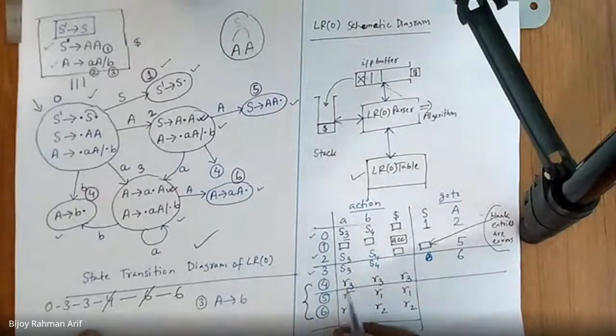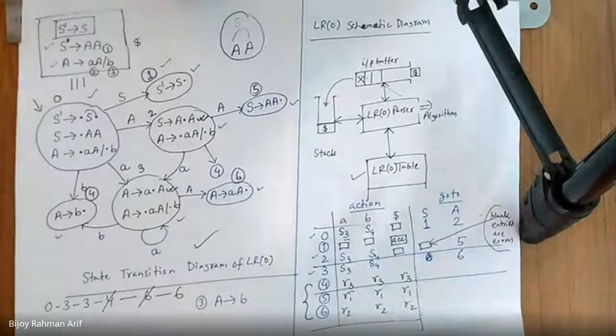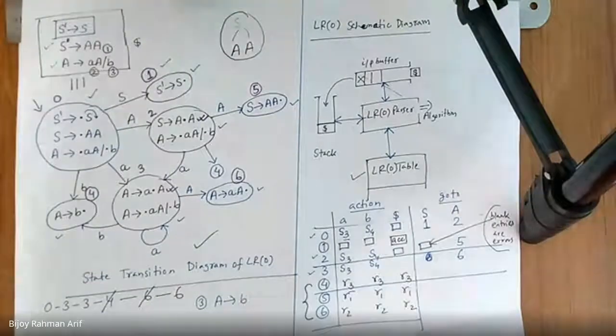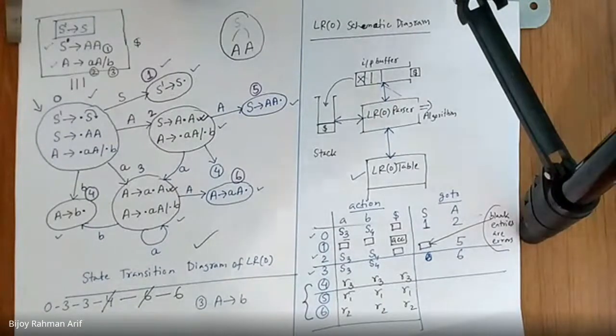I put the reduction 3 in all the terminals. Should I put the reduction in all the terminals? Is it a good move or not?